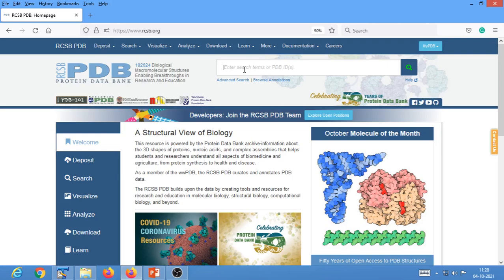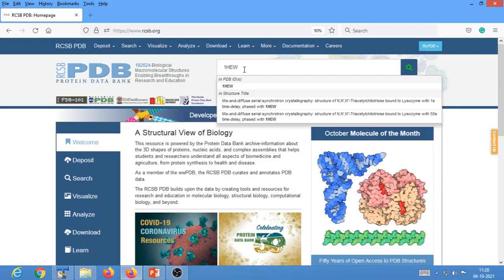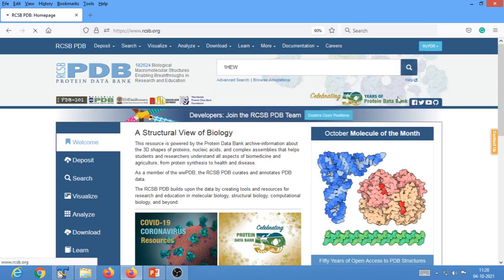Each and every structural model that is deposited in PDB is provided with a unique identifier, and usually the PDB identifiers are 4 characters. I know the unique PDB identifier of our model: 1HEW.